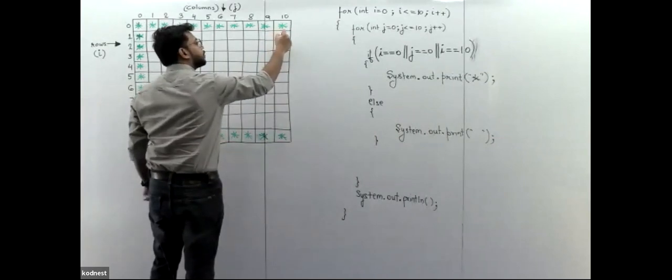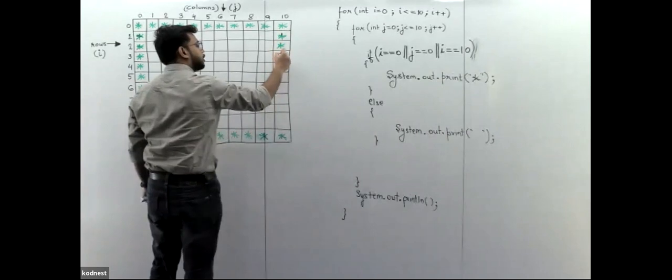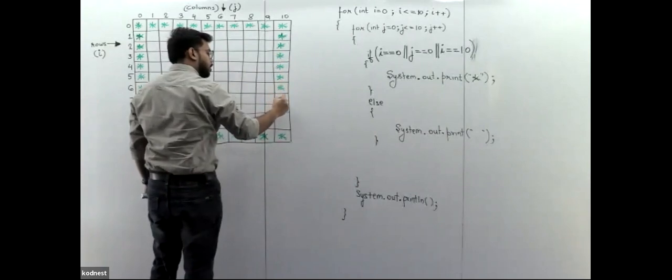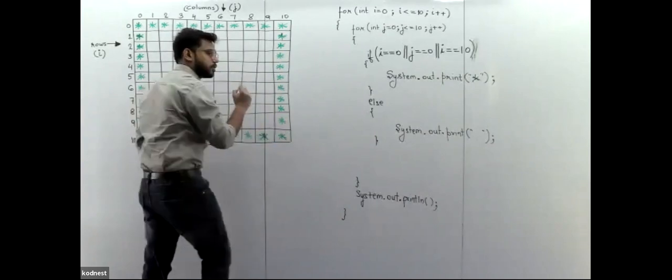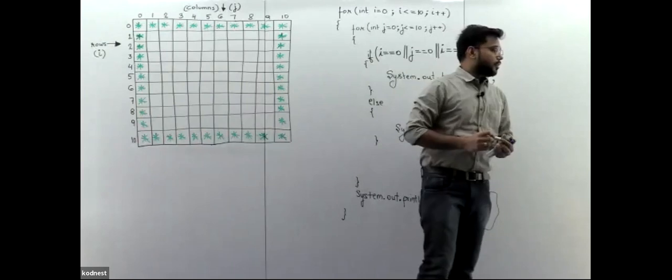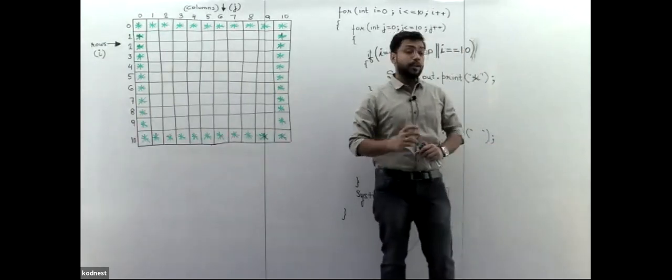Perfect. Moving further now. I also want the stars here. I want to print the stars at this point of time. All of you tell me the condition. Very good.